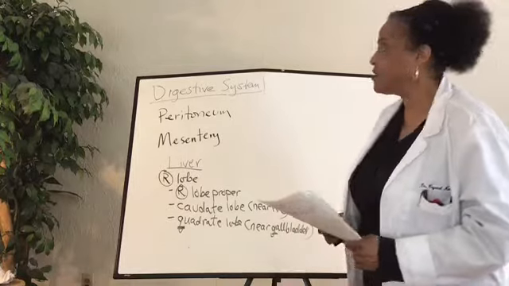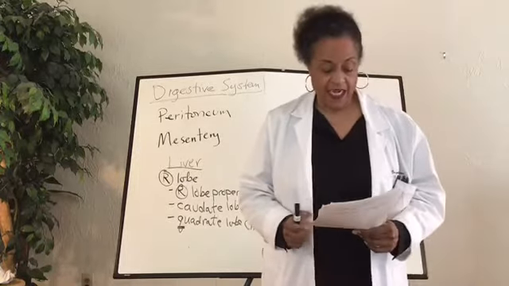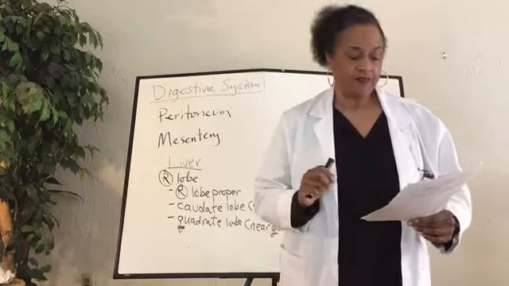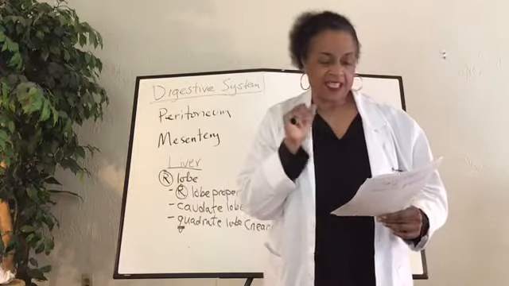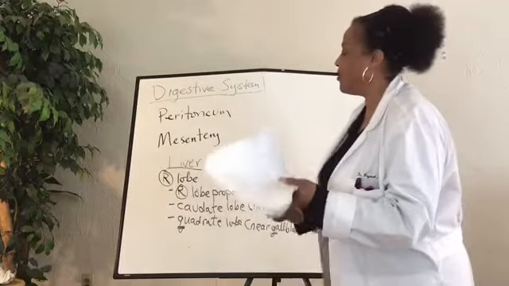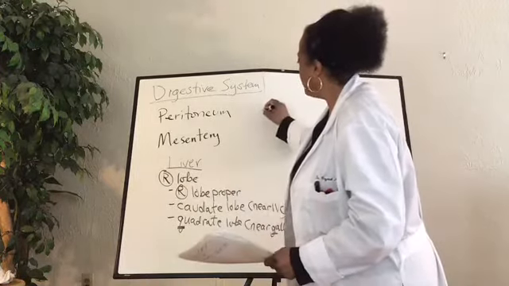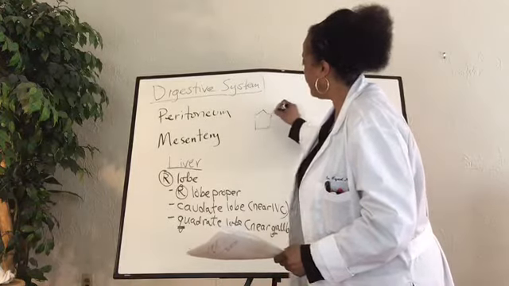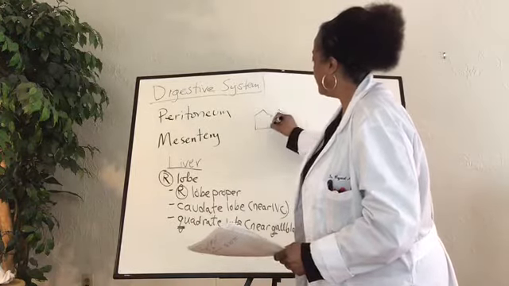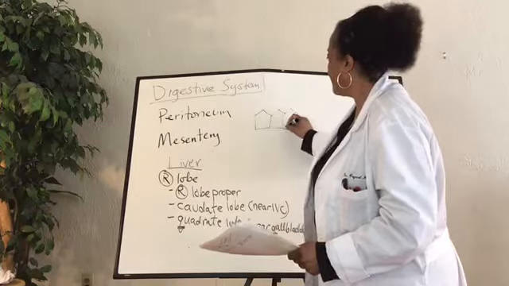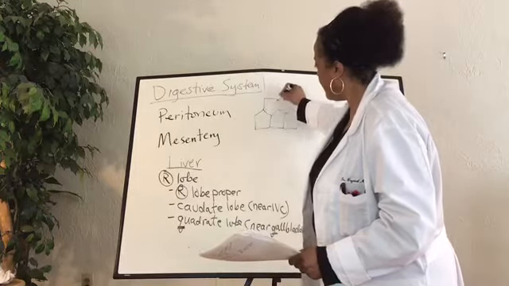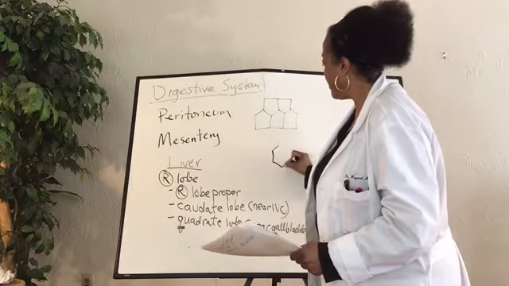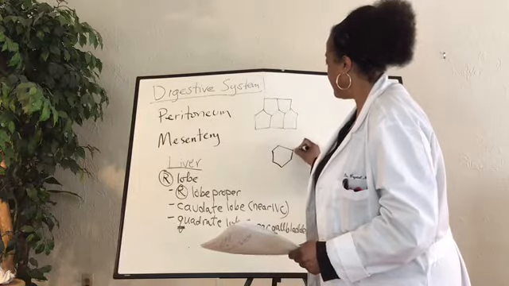Now, the liver is divided into hepatic lobules. These are anatomical units of the liver, these tiny little hexagonal or pentagonal cylinders. So the liver can be divided up like this. Then some cells sit here, or you could have it like this.